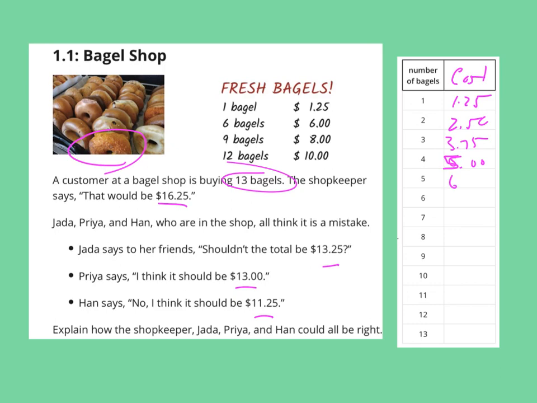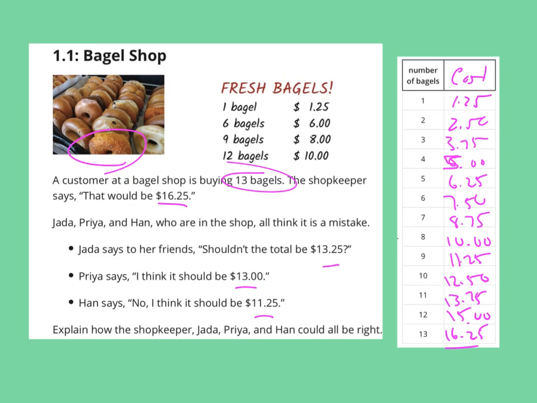And then another one, $6.25, $7.50, $8.75, $10, right, for 8 bagels. And we got $11.25 and $12.50 and $13.75 and $15 and $16.25, right?